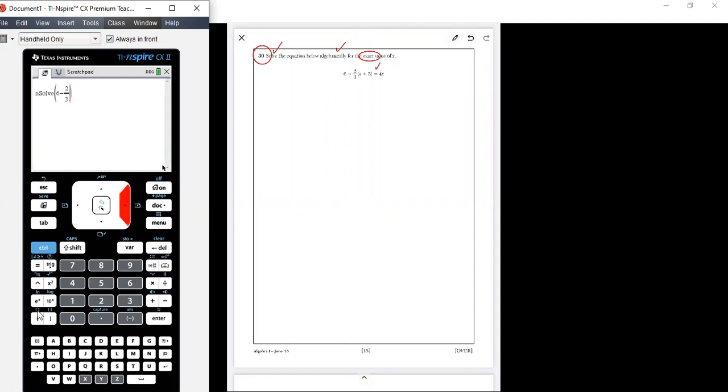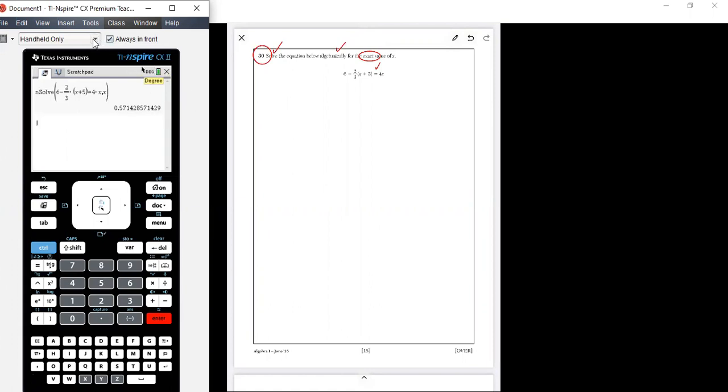And then we use parentheses. It's going to be x plus 5. Close the parentheses equals 4x. Okay, so that's what you have. And then, of course, you got to put comma x. Now, once you do that, you're going to get this.